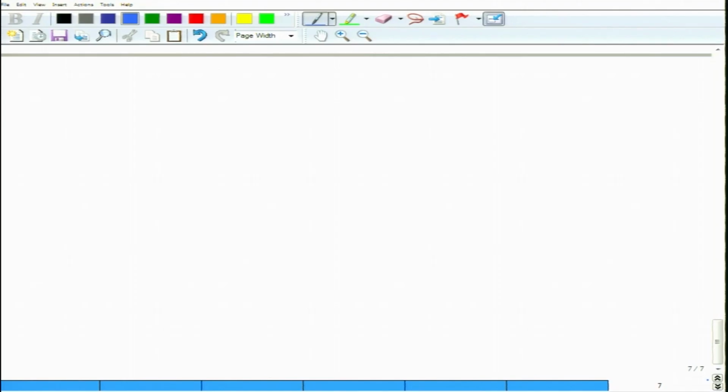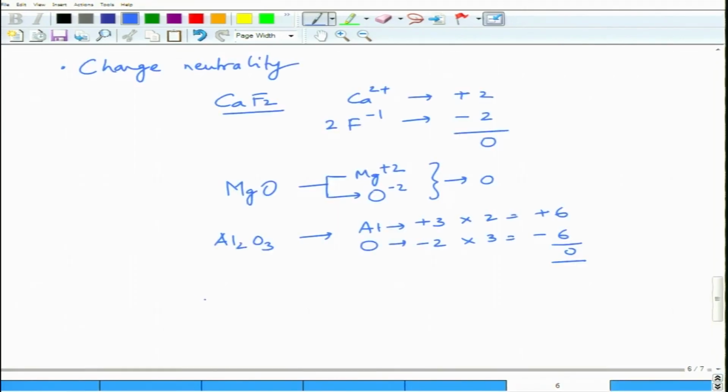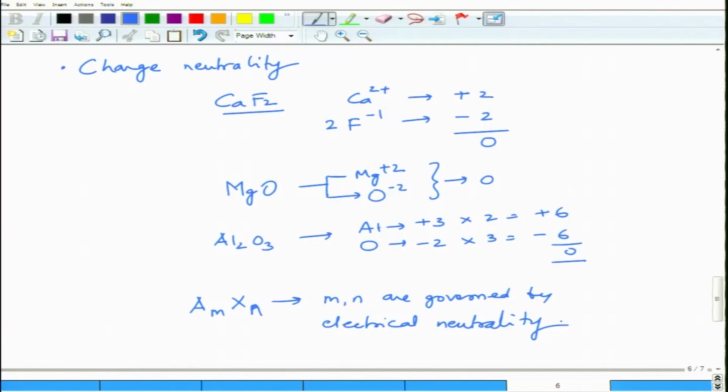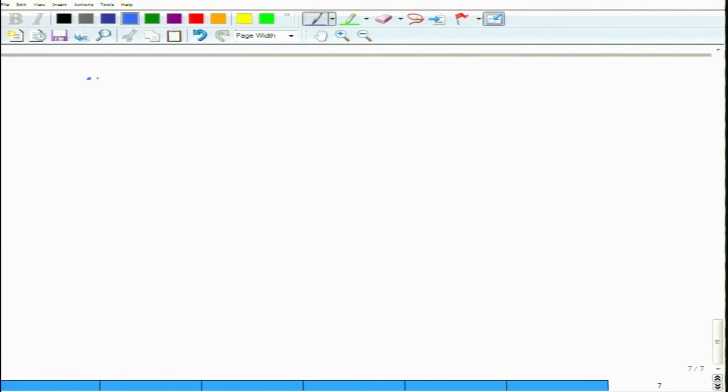Now, the general form you can write is AmXn, where m and n are governed by electrical neutrality, depending upon the valence and electrical neutrality, and then stability of structure.